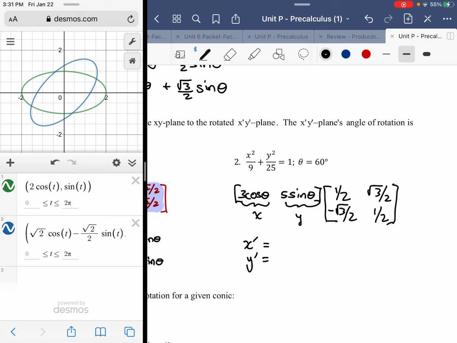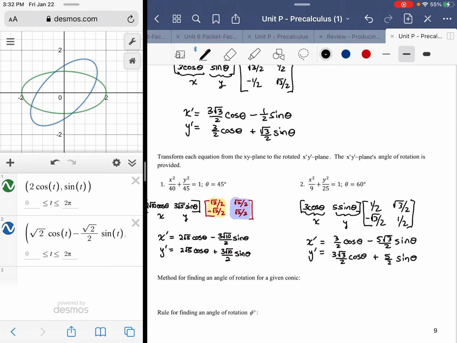So 3 cosine of theta times 1/2, so 3/2 cosine theta. 5 sine theta multiplied by negative radical 3 over 2, so negative 5 radical 3 over 2 sine of theta. Then we're looking at 3 radical 3 over 2 cosine of theta, and then a positive 5/2 sine of theta.